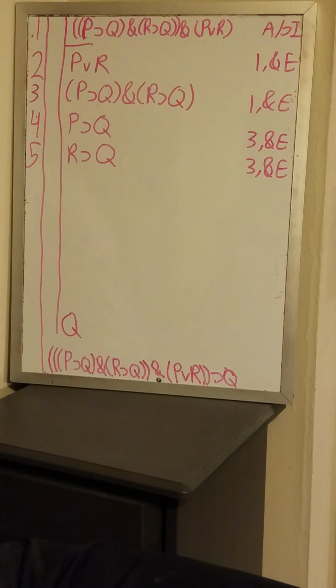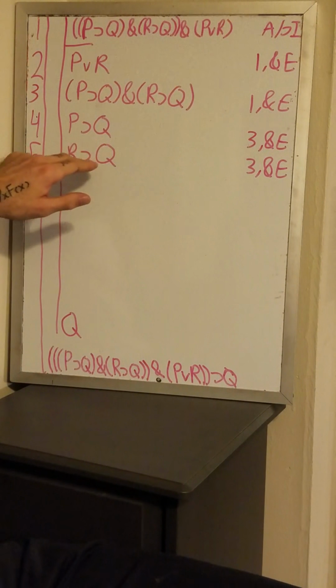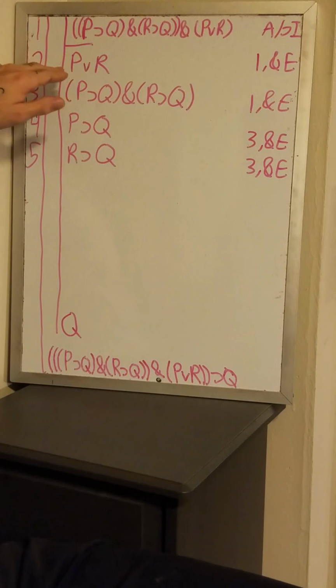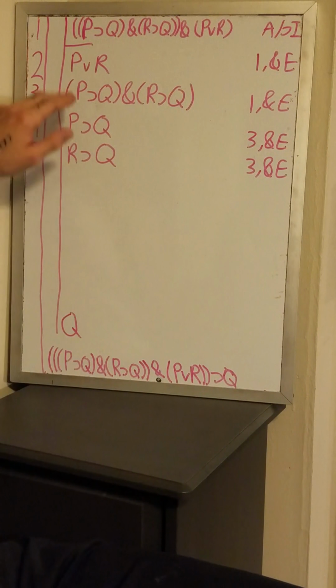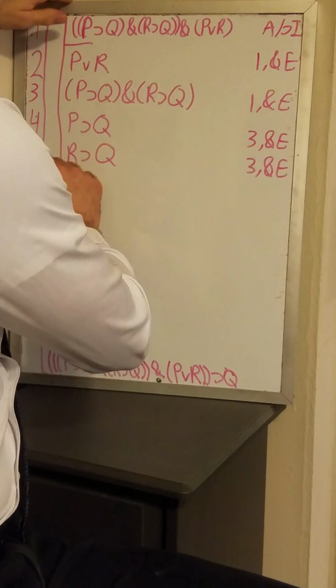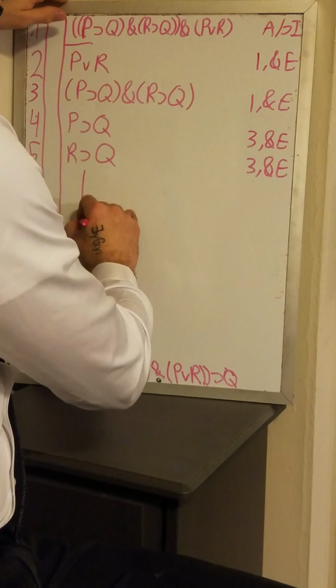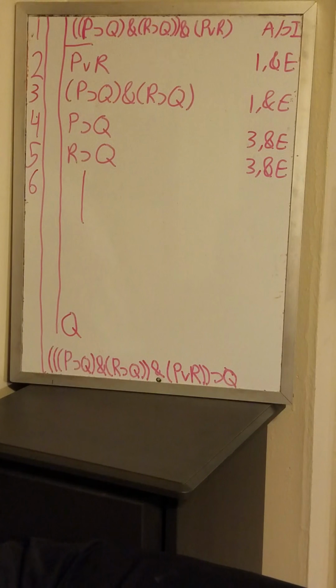All right, and now we have if P then Q and if R then Q, and we have P or R, so we should probably use disjunction elimination on this disjunction to show that we get Q in either the case of P or the case of R. So let's go ahead and start a subderivation with P first.